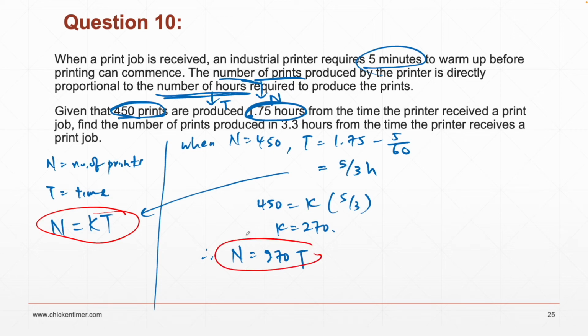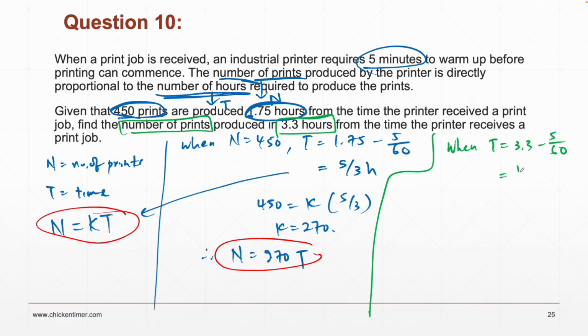So that's one. After that, you will see: find the number of prints produced in 3.3 hours from the time the printer receives a job. Now we have to take into consideration the 5 minutes. So T will be 3.3 hours minus that 5 minutes. This gives me 193 over 60 hours.